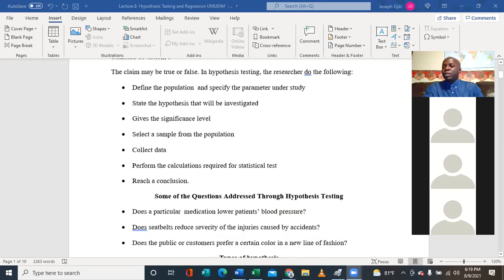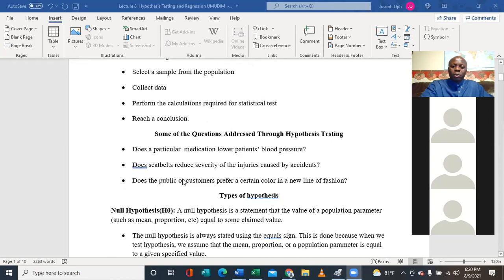Remember the significance level we did when we were doing confidence interval. But for the confidence interval, we use two-tailed significance level. As a matter of fact, there is a confidence interval option of hypothesis testing, but we're not going to do that at this level. Then select the sample from the population, collect data, then perform the calculations for the required statistical test. Then we reach a conclusion.